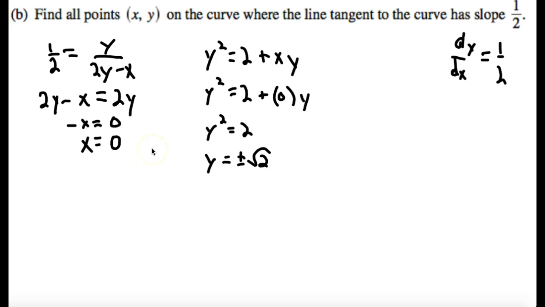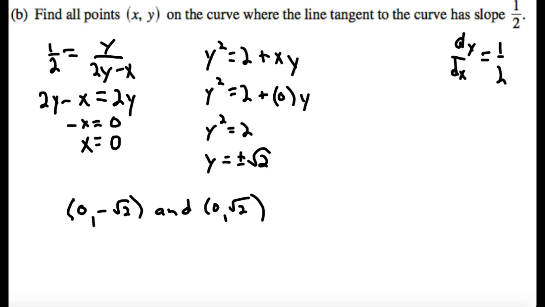So the answer then, we end up with 2 coordinate points. We get the point (0, negative square root of 2), and we get the point (0, positive square root of 2). Right? So those are my 2 coordinate points where the line tangent to the curve has a slope of 1/2.